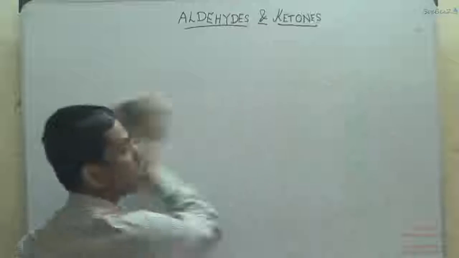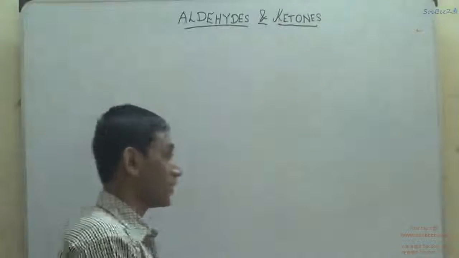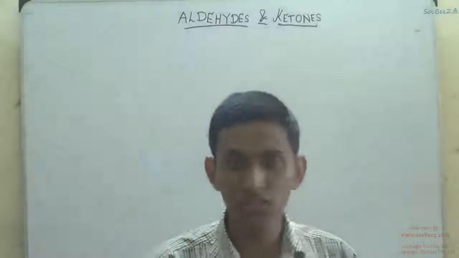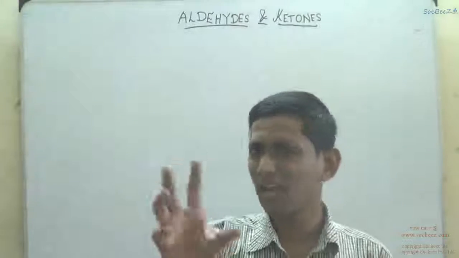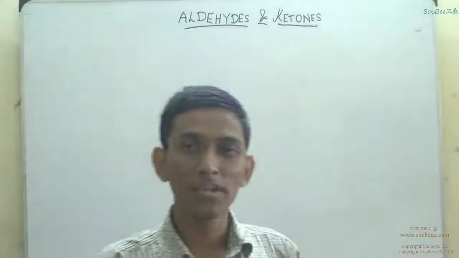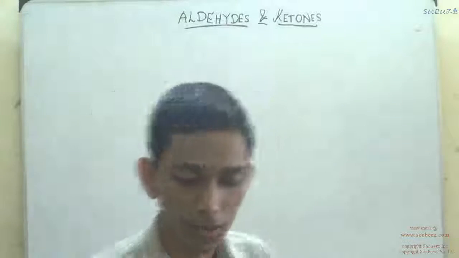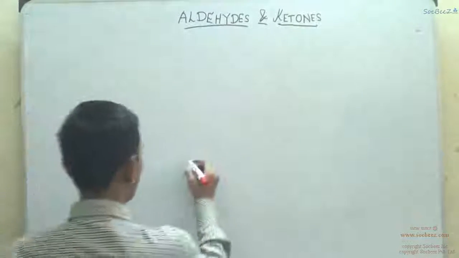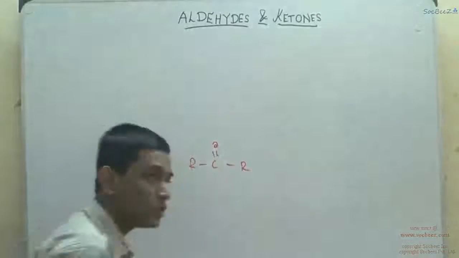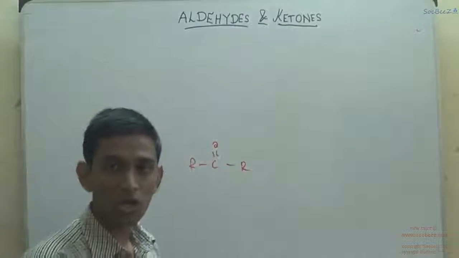Aldehydes and ketones, not much physical properties to boast of. They are not very highly polar like your acids or alcohols, but they have slight dipole polarity. But ketones are generally more polar because of their particular alignment, and in some cases they lead to intermolecular hydrogen bonding.